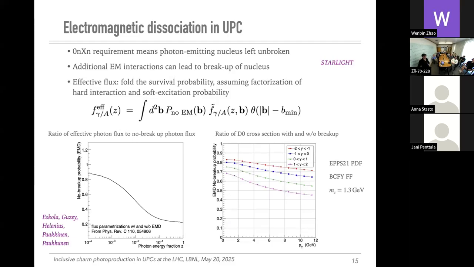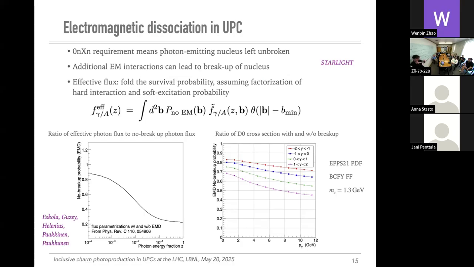So this means this photon emitting nucleus is left unbroken if you take this requirement. So for this survival probability, one essentially assumes a factorization of the hard and soft excitation probability, and one can end up calculating this effective photon flux, where you fold this photon flux with this survival probability.